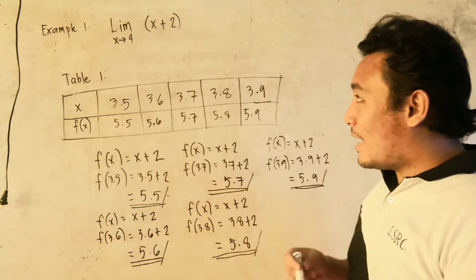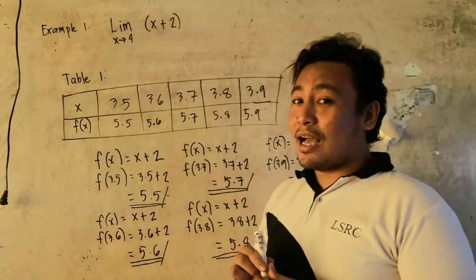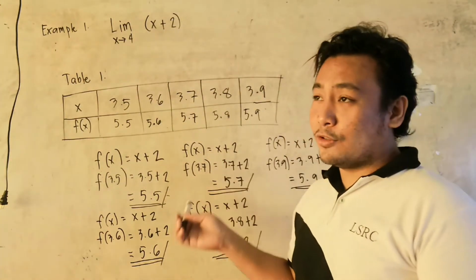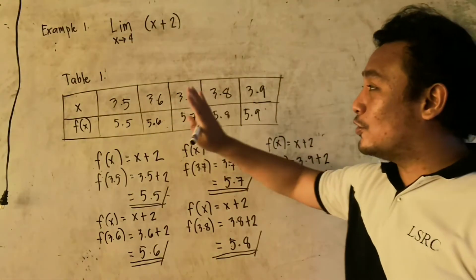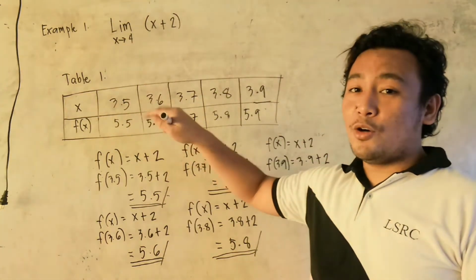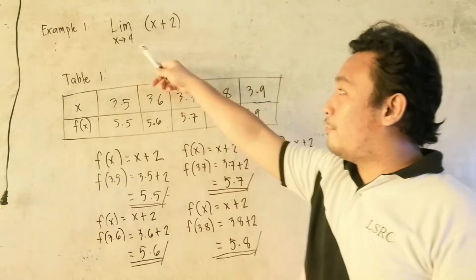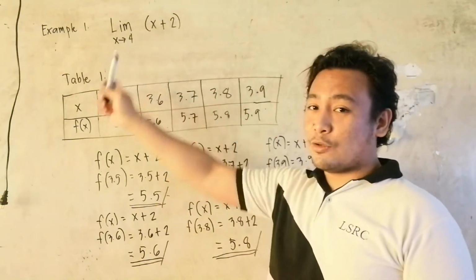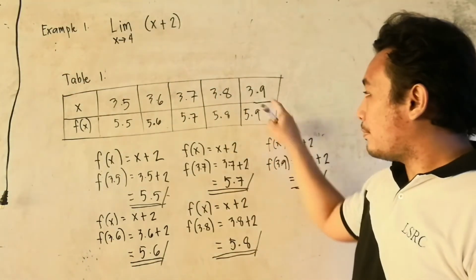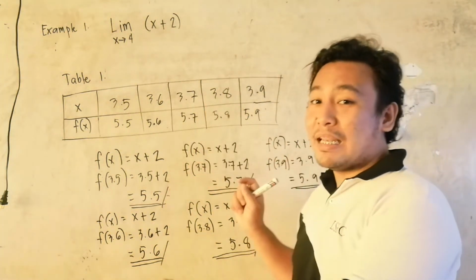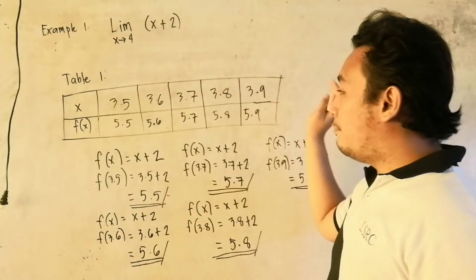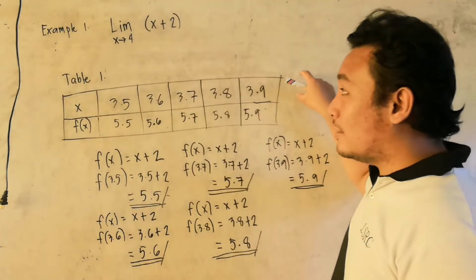So again, ang una natin ginawa is of course to construct a table of values where the values of x, makikita ninyo na ina-approach niya or papalapit siya sa 4. Kasi yun yung nakalagay dito sa equation. And then, mag-i-start tayo sa mga numbers from the left. Syempre yung pinaka-value natin is 4.